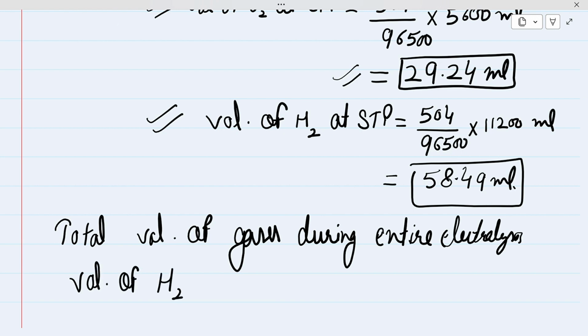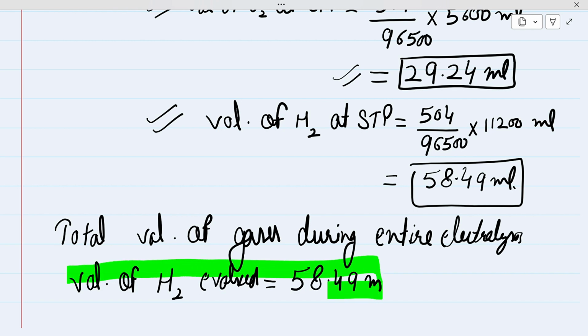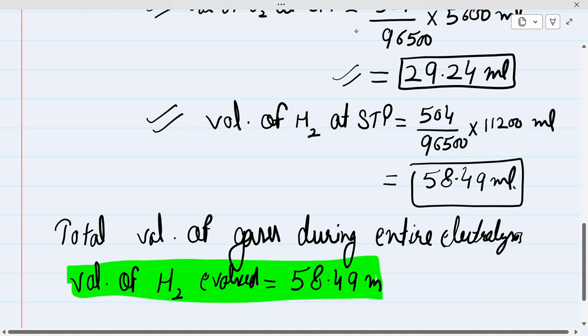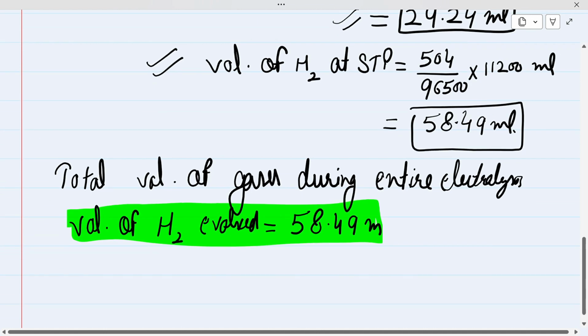First of all, the volume of H2 evolved will be equal to 58.49 ml. This H2 will evolve just when all copper is finished. Then this hydrogen will be evolved.